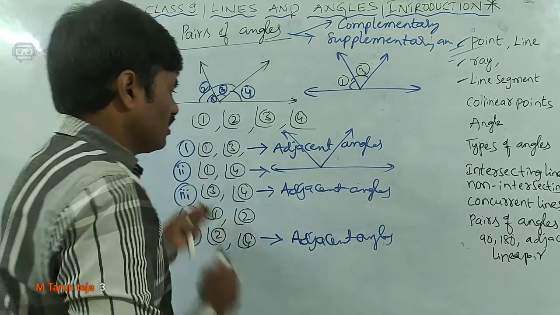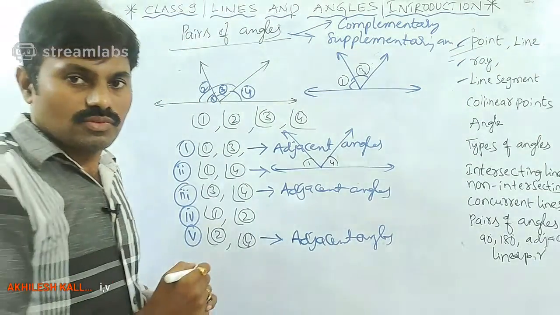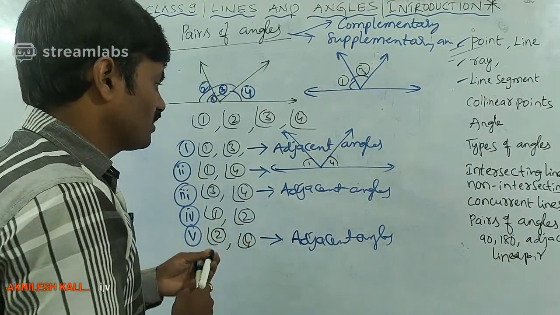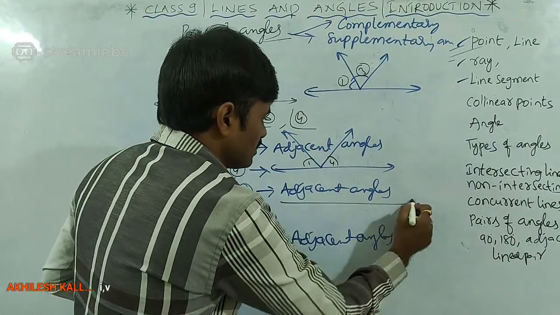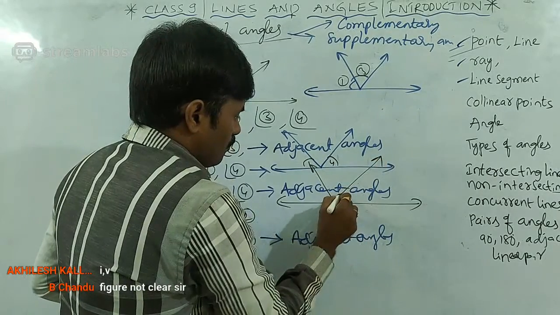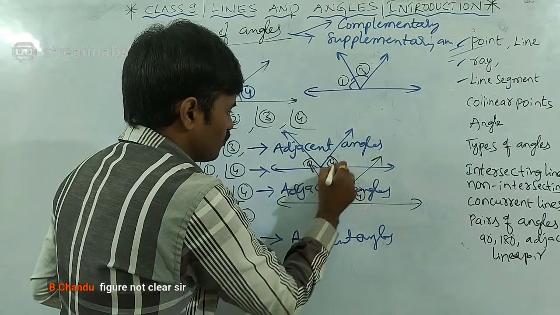I have taken 1, 4. So it is 1, it is 4. Okay. Next for 3, 4, I am drawing the figure like this. For everything I am drawing a figure.